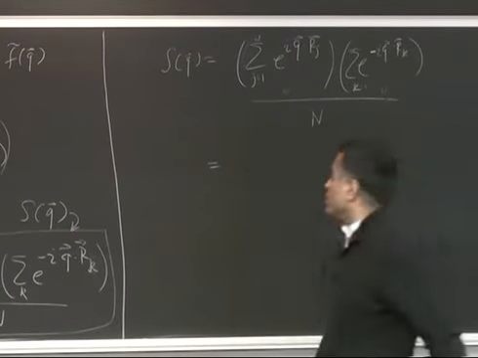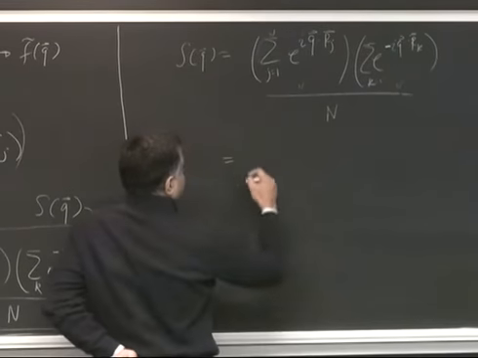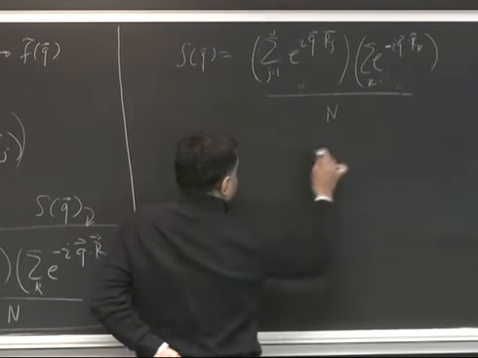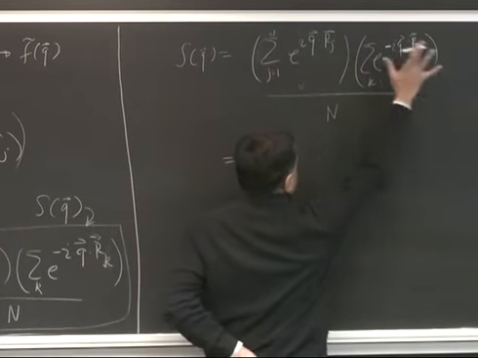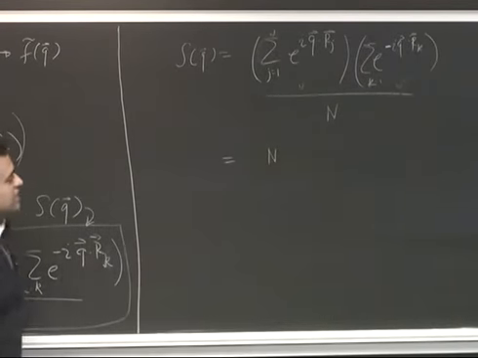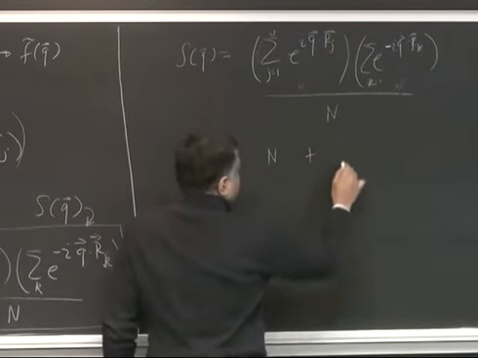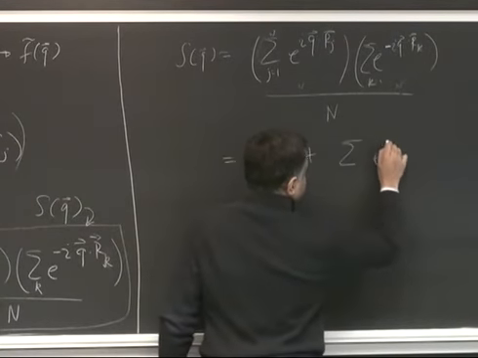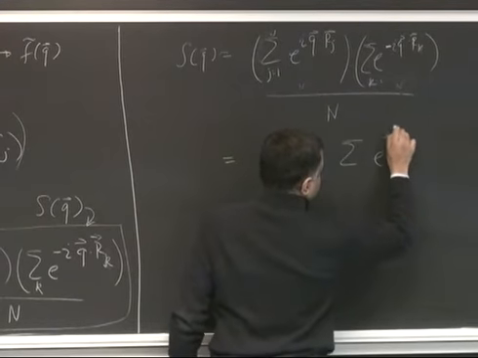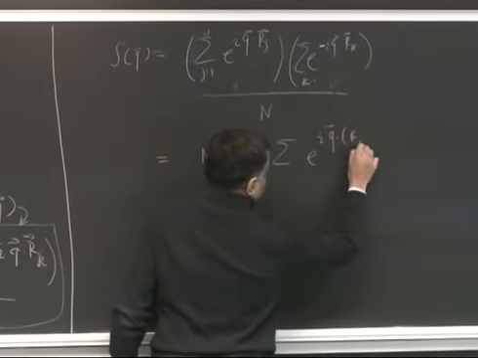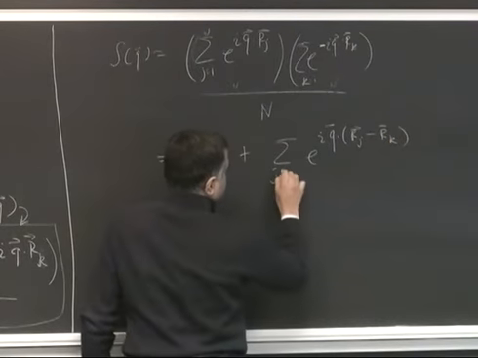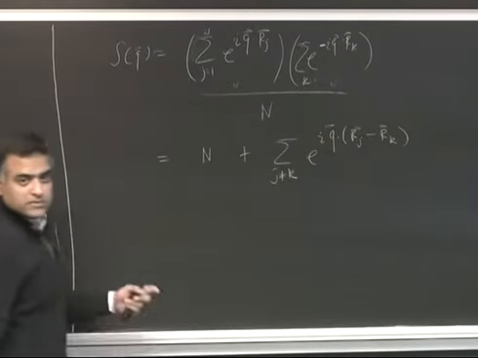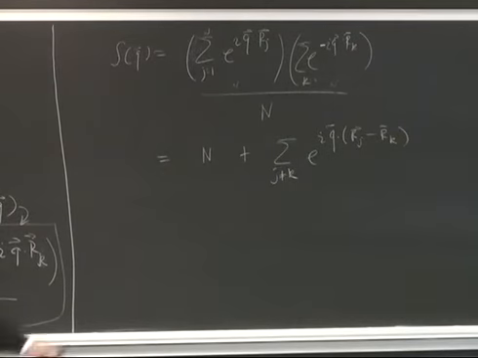So what you actually have in the numerator, if I expand the whole thing out, is basically N, because there are 1 plus 1 plus 1 and so on, plus a sum that looks like this: e to the power i q dot (rj minus rk), where now j is not equal to k. That's how it looks in the numerator. It's very simple, really.